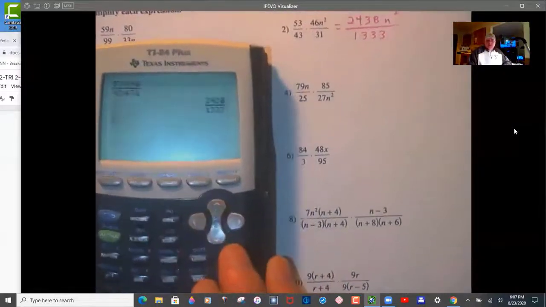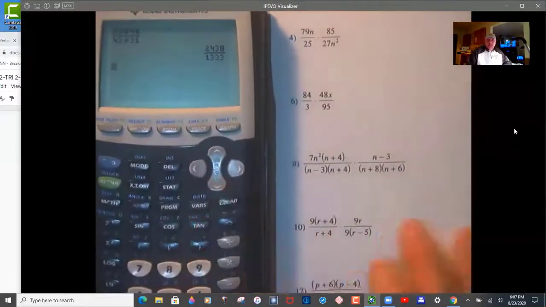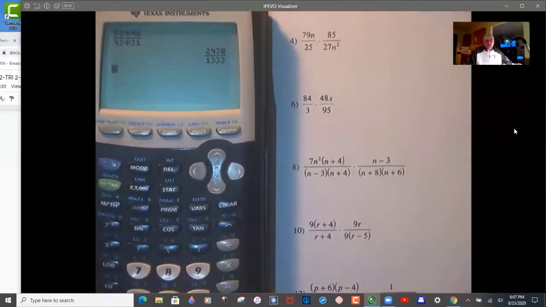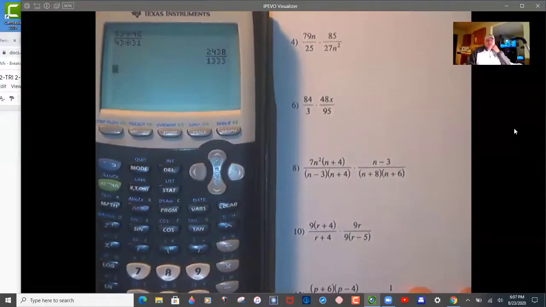So problem 2, same idea. The n will cancel with the n squared. So you take the difference in the exponents of like letters, like bases, and then you put that difference where the larger one is. So there will be an n to the first in the bottom of this.